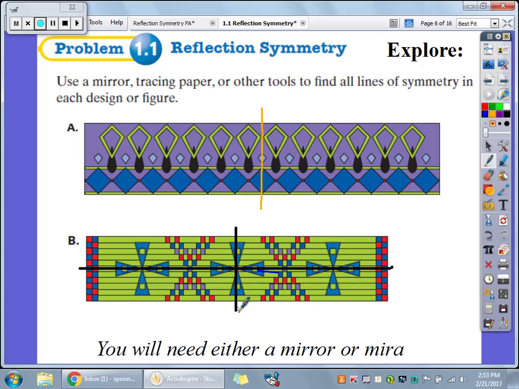If we were to fold it in half, both sides would be the same and they would match up exactly. And same thing if we were to fold it on the horizontal line. Top and bottom would fold up exactly and they would match and they would be the same size.